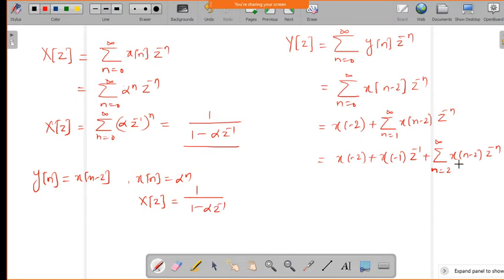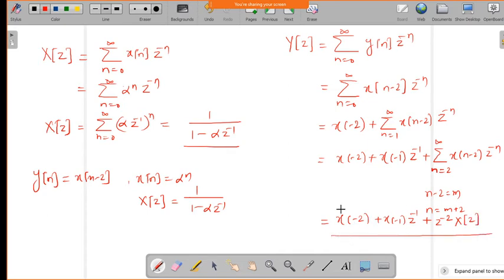Now for x(n minus 2), I'll put n minus 2 equal to m, so then n will become m plus 2. In terms of m, from 0 to infinity, you will get x(-2) plus x(-1) z^(-1) plus z^(-2) X(z).